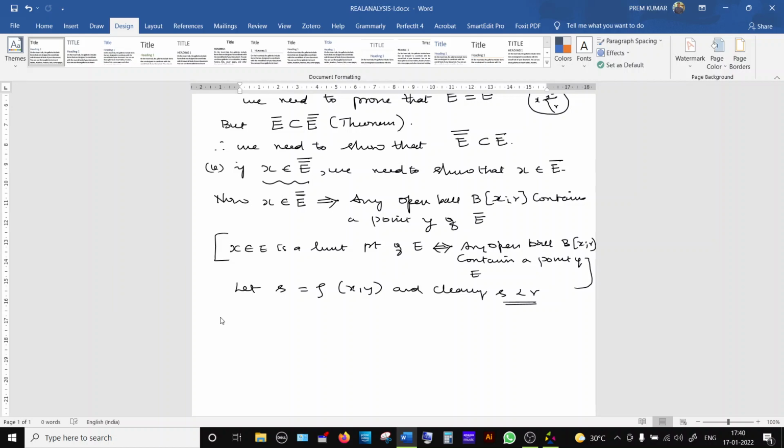Now since s and r are not equal, I am going to choose another variable. Choose a real number t which is a positive number such that t is less than r minus s.